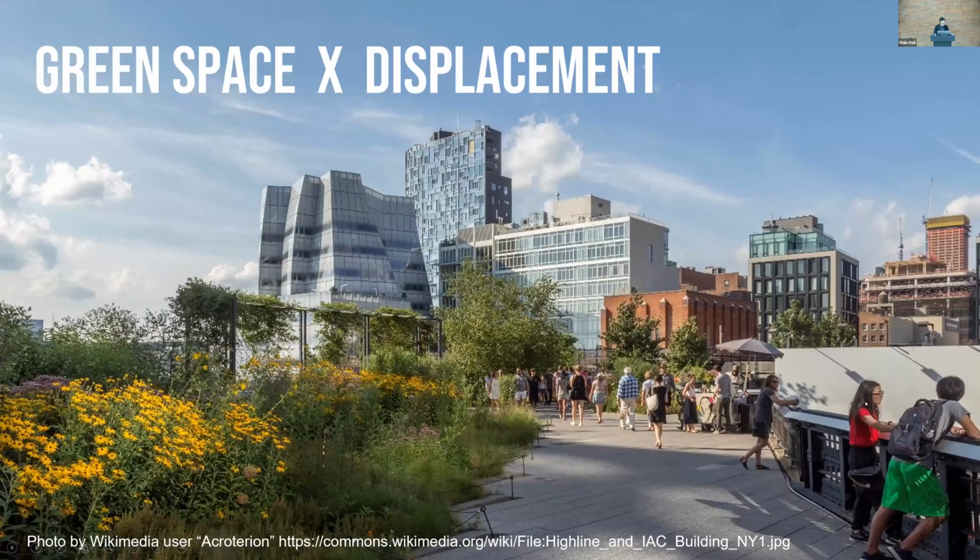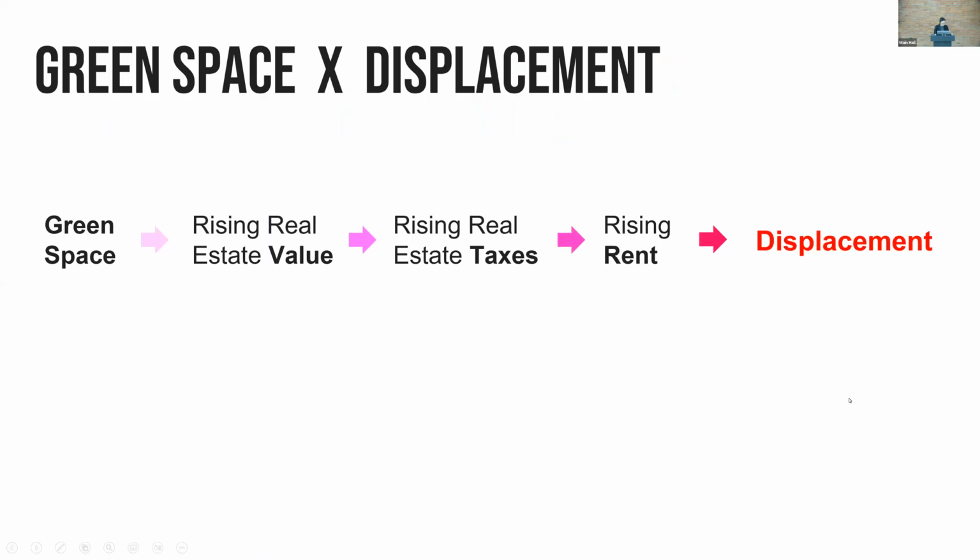Most people on the call are very familiar with the High Line in New York City. It is a green space that has caused property values to skyrocket in its near vicinity. In summary, green space creation can lead to rising real estate value, can lead to rising real estate taxes, can lead to rising rent, and then this can cause displacement of people in neighborhoods.